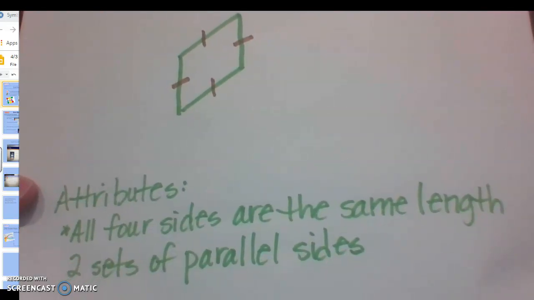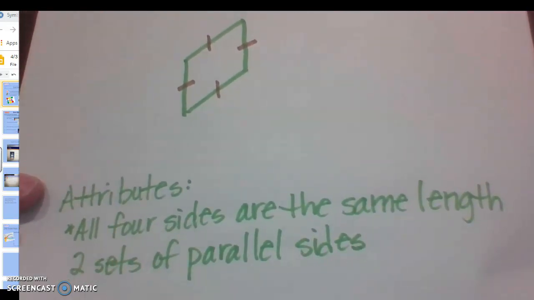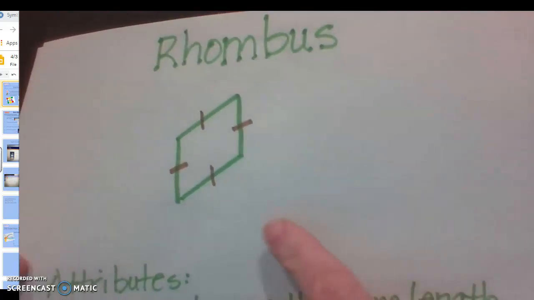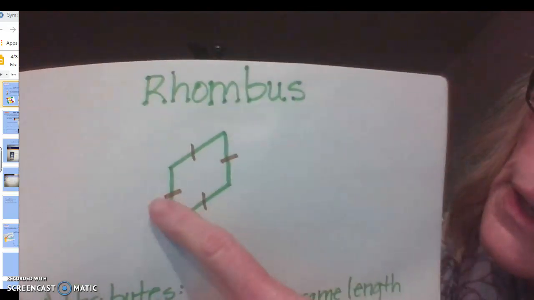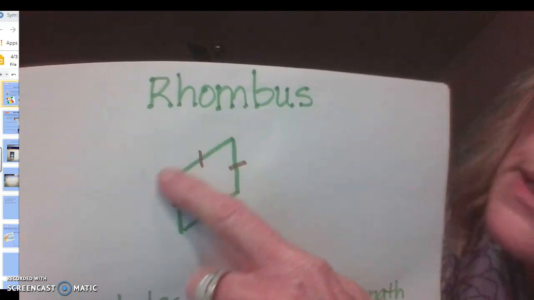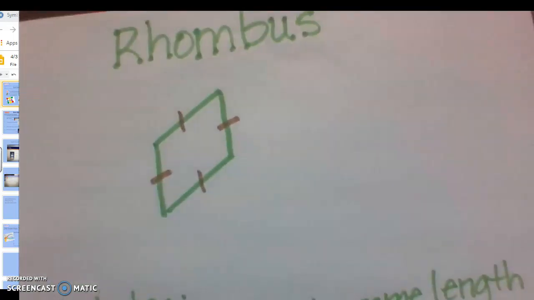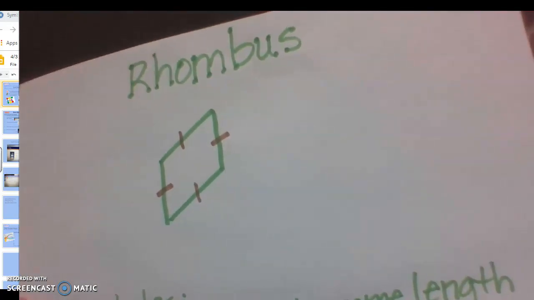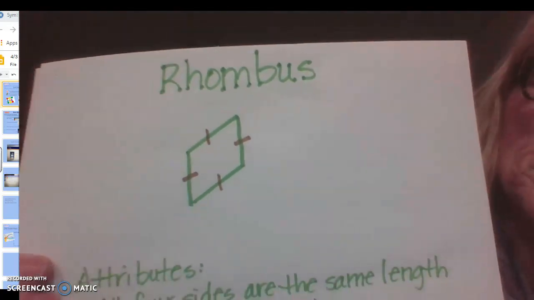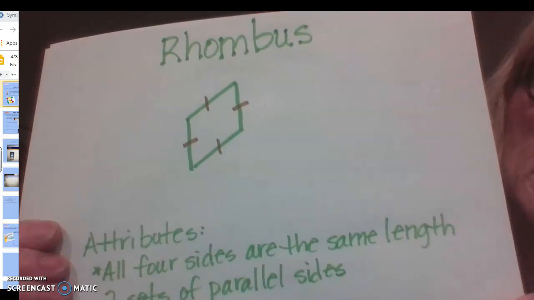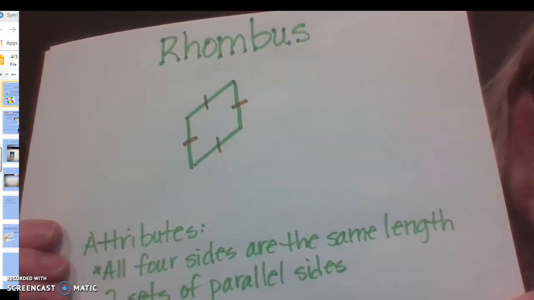And it has two sets of parallel sides. Now these marks indicate that all of these sides have the same measurement. So because of that, it's a square, but because it's at that funny angle, like a diamond, that indicates it's a rhombus.